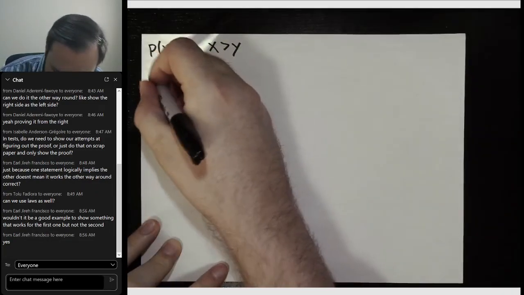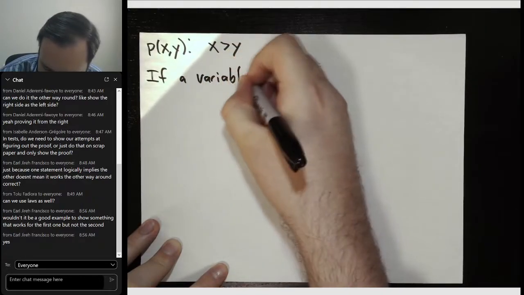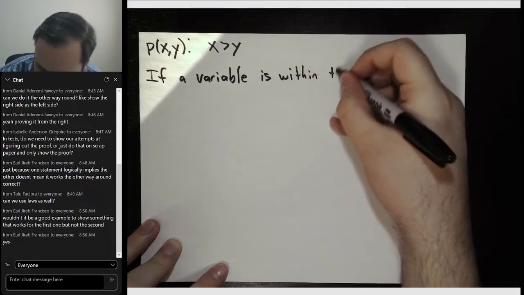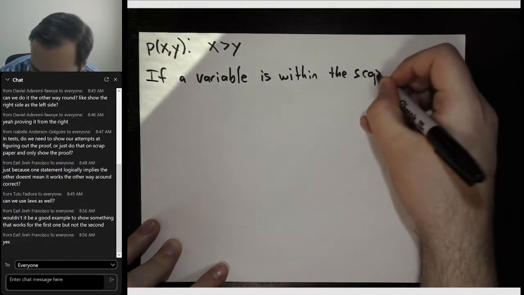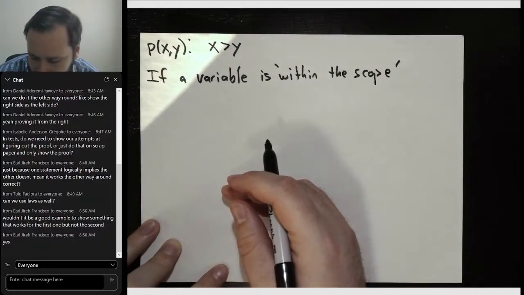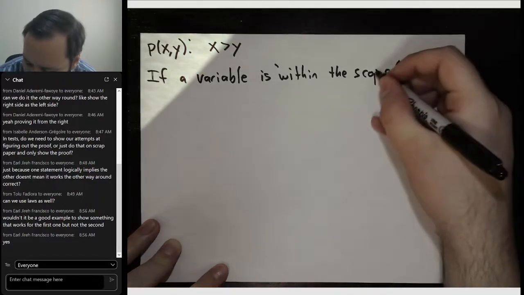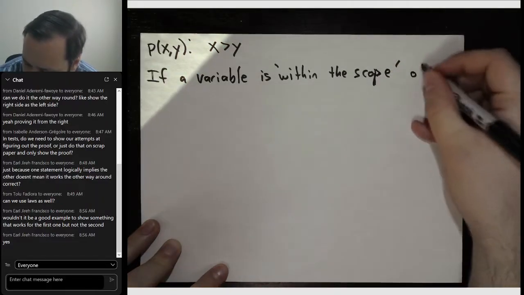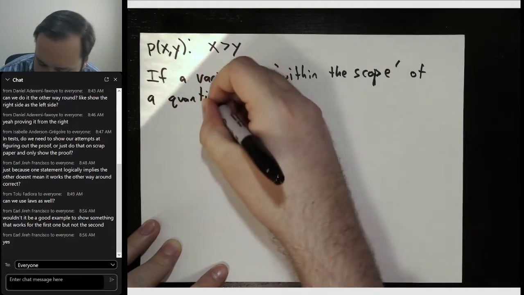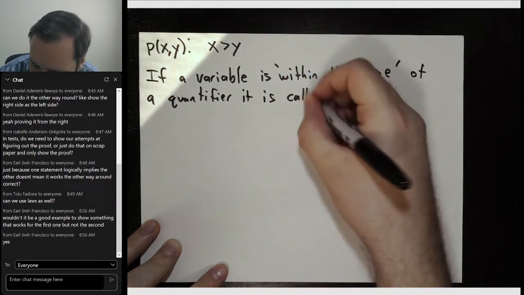So if a variable is within the scope, this is a technical term that just means inside the parentheses of a quantifier, it is called bound.